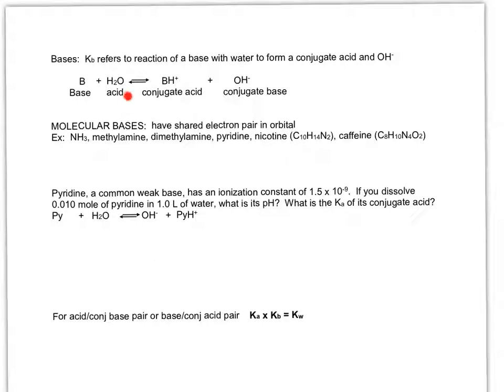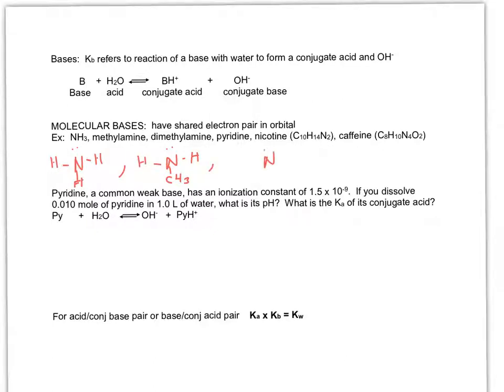Some bases have hydroxides in them, but a lot of bases are molecular, not salts, not hydroxide salts. And a lot of them, you'll notice, will have a nitrogen with a lone pair. For example, ammonia is NH3. It looks like this, where you have a lone pair on that nitrogen. Methylamine looks like this.